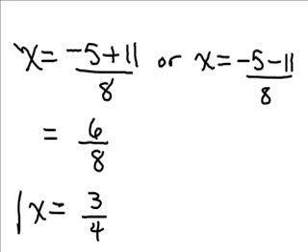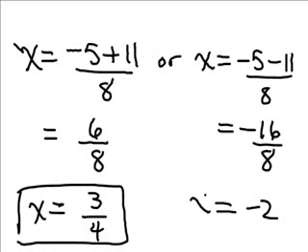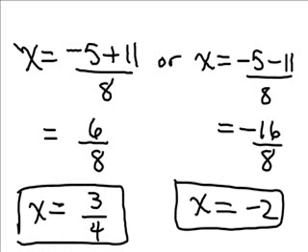So x equal to 3/4 is one solution. Looking at my other solution, negative 5 and negative 11, that's negative 16. Negative 16 divided by 8 is negative 2. So x equal to negative 2 is the other solution.